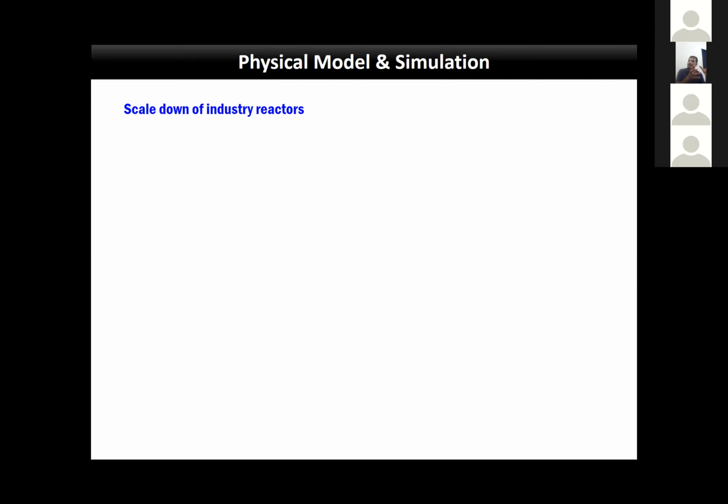The capacity of the converter or the ladle can be 300 ton or 250 ton, whatever may be, but you can proportionally scale it down, maybe 1/7 times or 1/5 times or whatever may be. Depending upon the phenomena you want to study, there is a provision to scale down the unit process so that you can easily handle it in your laboratory for your study.